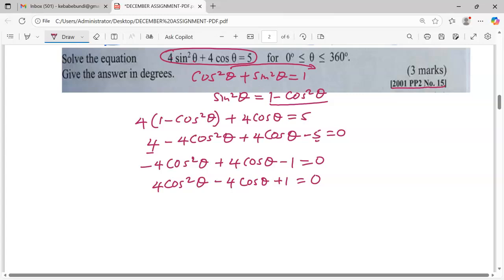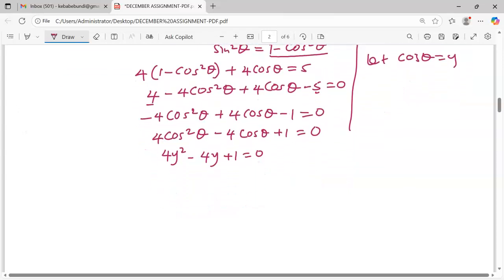At this point, we can simply let cos theta be equal to y. And if cos theta is y, then cos squared theta is going to be cos times cos, giving us y squared. So we are going to have 4y squared here, minus 4 times cos theta, which is y, plus 1, and this one is going to be equal to 0.